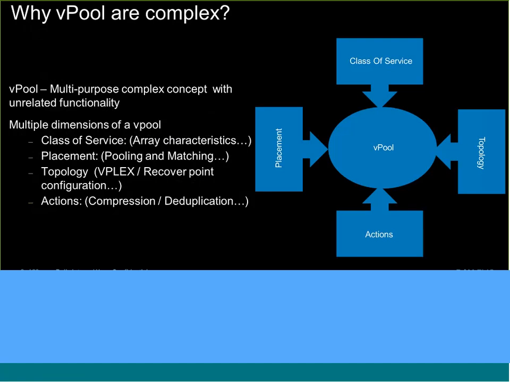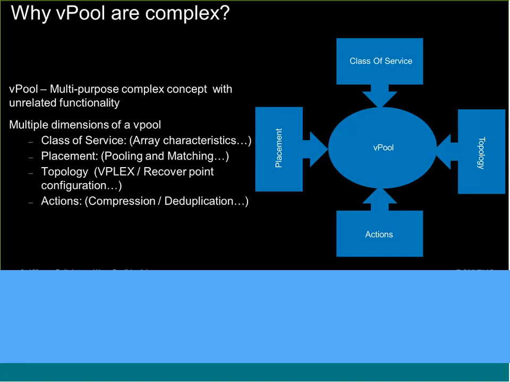It has multiple dimensions. The first is the class of service, where we are just mapping the array characteristics. Second is placement, where we are pooling and matching resources, finding the same characteristics of the arrays and keeping them in a pool.